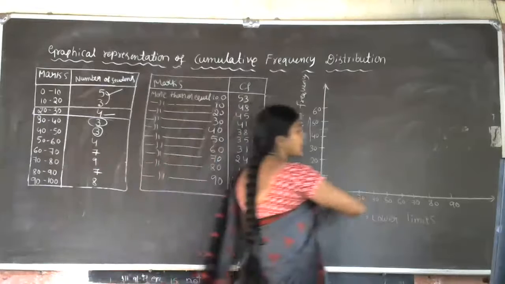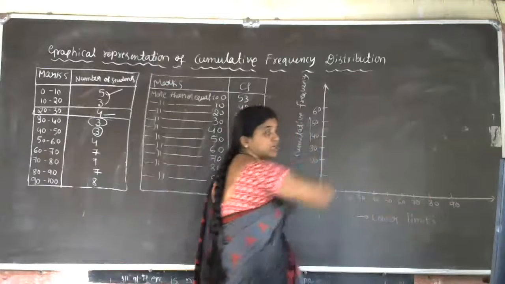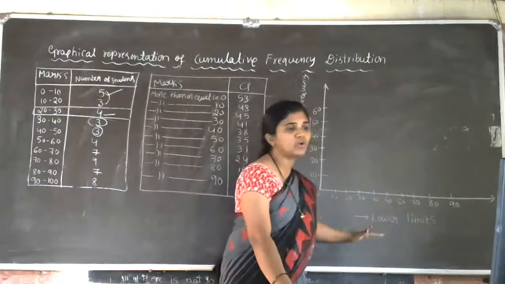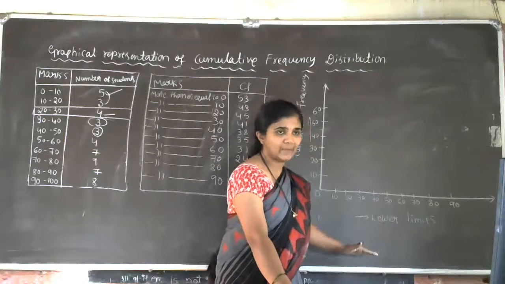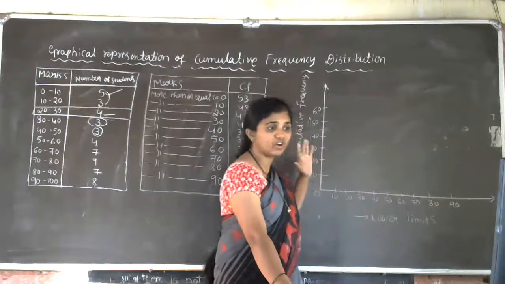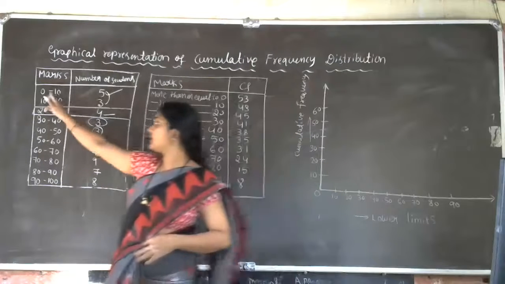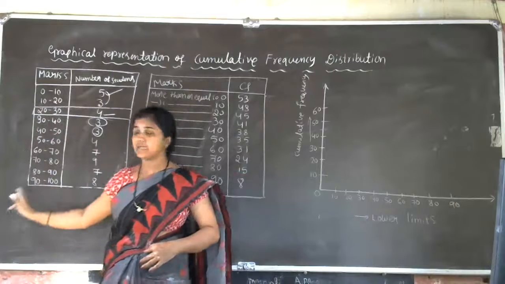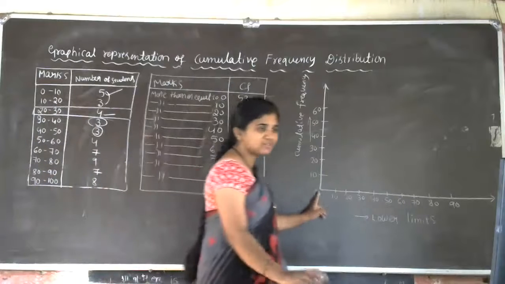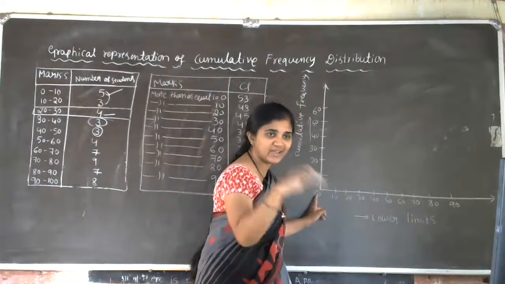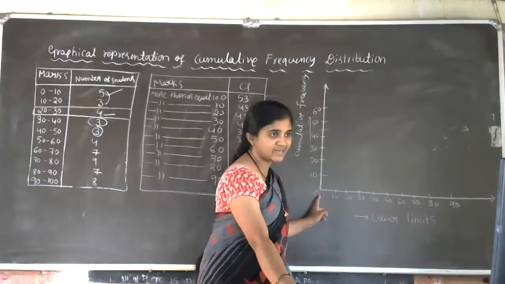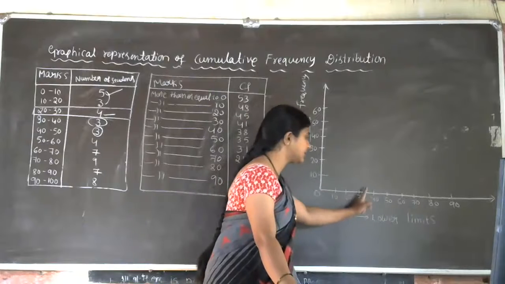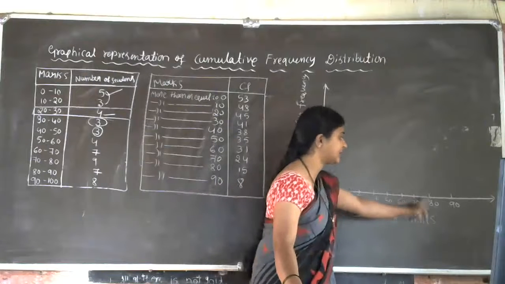Same as before, we have to take a horizontal line and a vertical line. In the horizontal line, we are going to take the lower limits, because in the more than type we are concentrating on the lower limit: 0, 10, 20, 30, 40, 50, 60, 70, 80, 90. We started from 0 for the less than type also. Again, same: 0, 10, 20, 30, 40, 50, 60, 70, 80, 90.